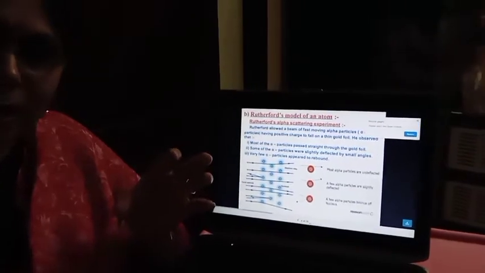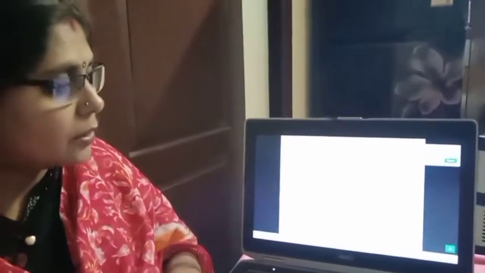Rutherford found that there is a positively charged center in an atom, which is called the nucleus, and all the mass of the atom resides only in the nucleus. The size of the nucleus is very small compared to the size of the atom, and the electrons revolve around the nucleus in circular paths.